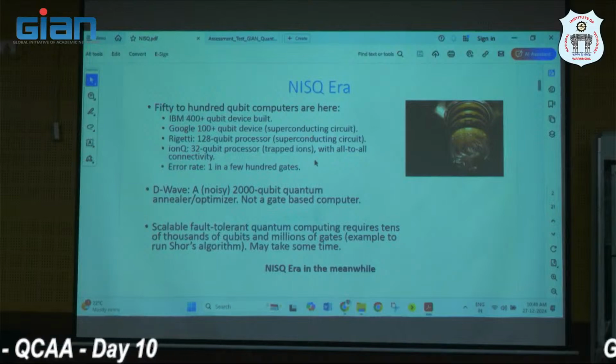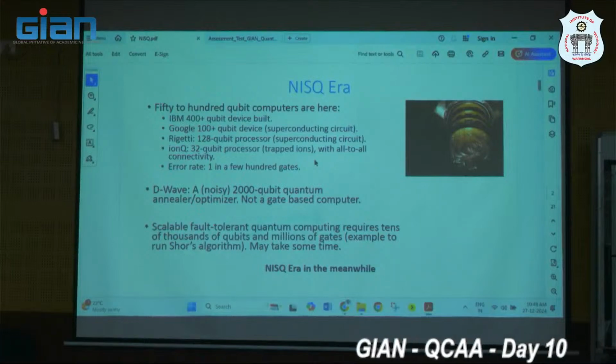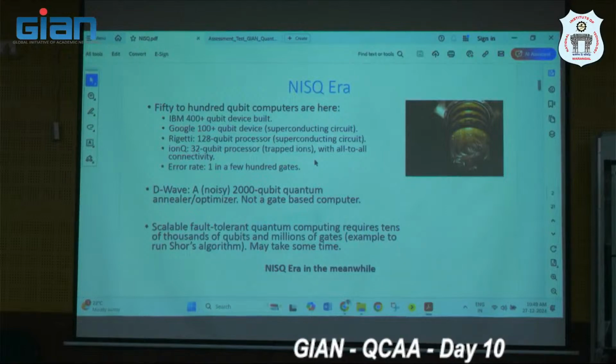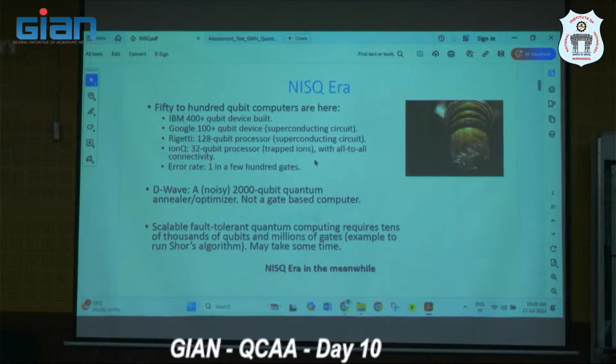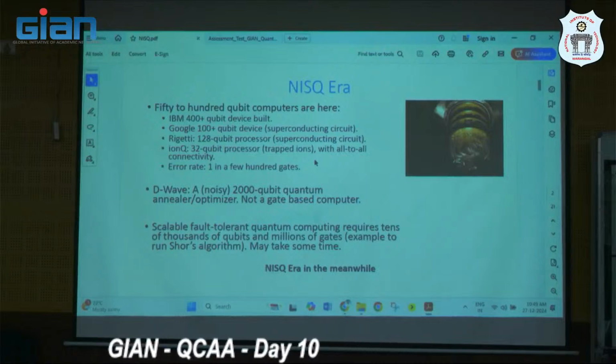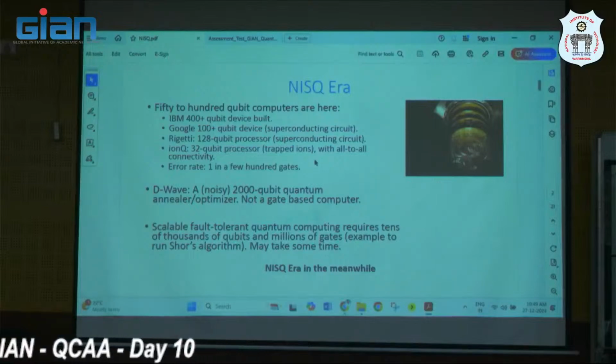So that would need scalable quantum computers. That is highly unlikely in the NISQ era, where you have no error correction. So this is likely to take some time. So this is one thing.